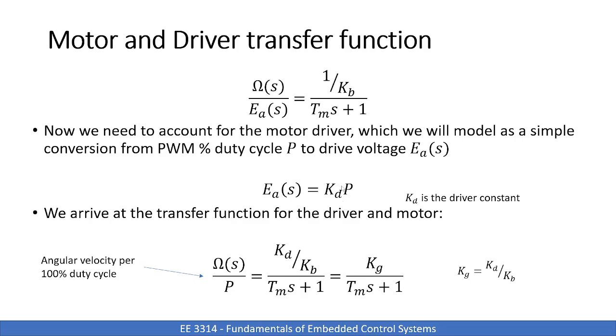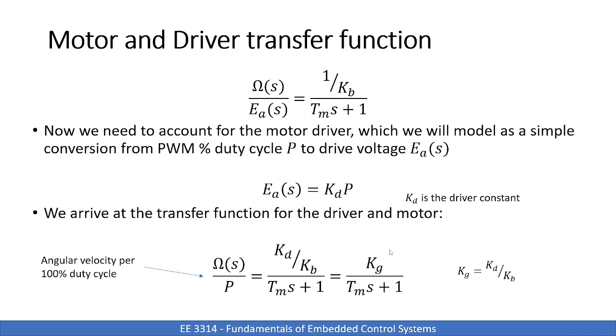Since we really don't care, like I said, about how exactly drive current, we don't need to know how many amps per duty cycle. All we really want to know is how fast the motor turns with a certain PWM input, right? Okay, so if this is 1 or 100%, then we're basically saying this angular velocity is going to be this transfer function with a step input, if that makes sense.